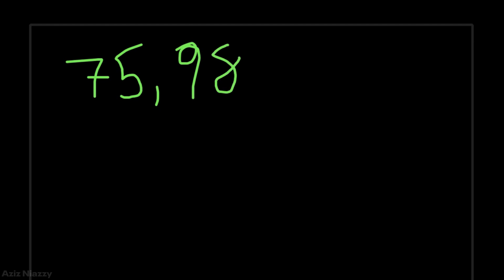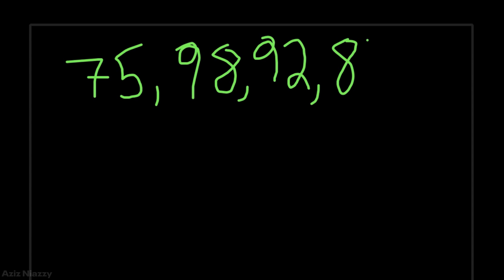So, for example, let's say Ryan scored 75, 98, 92, and 83 on his recent tests. So how we would find the average test score is by adding these up and dividing them by 4, because he had 4 tests.